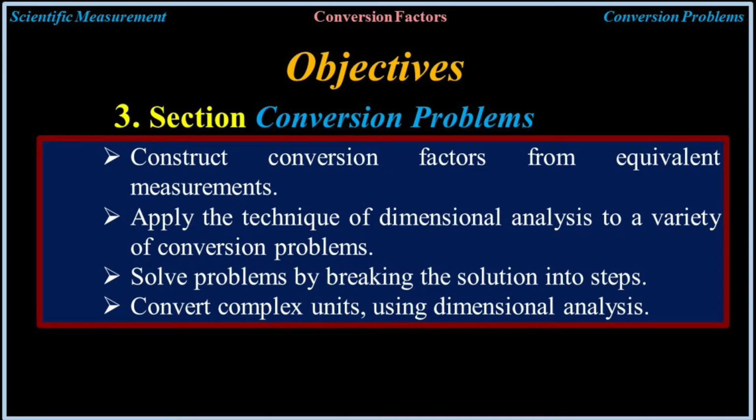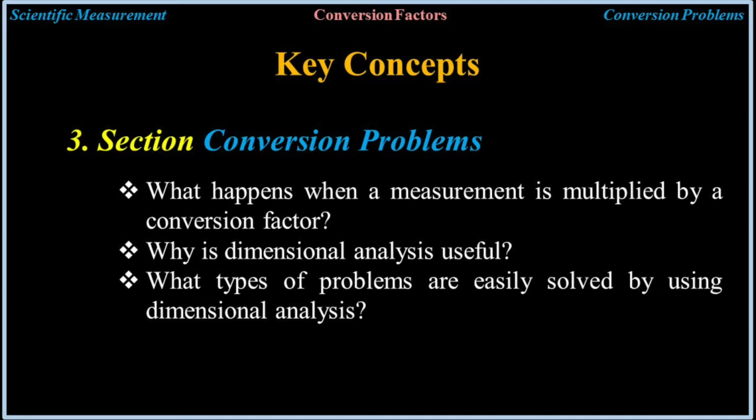Construct conversion factors from equivalent measurements. Apply the technique of dimensional analysis to a variety of conversion problems. Solve problems by breaking the solution into steps. Convert complex units using dimensional analysis. Section 3, conversion problems. These are the key concepts.